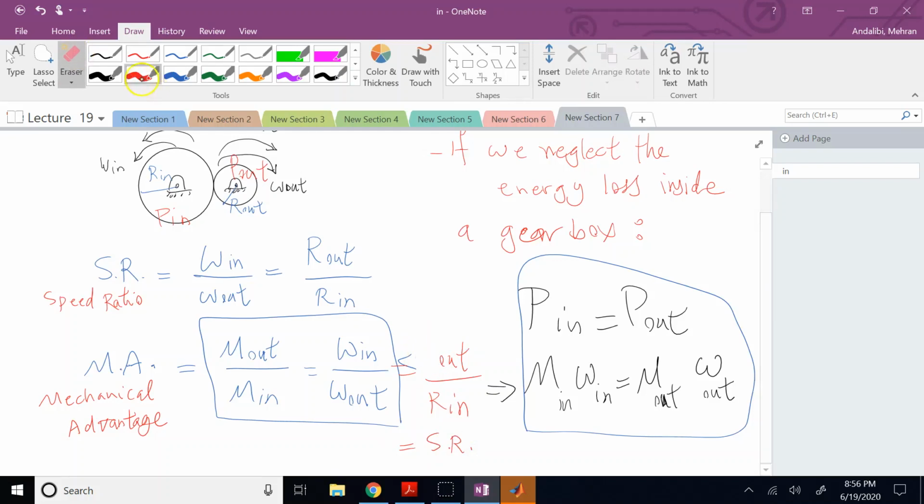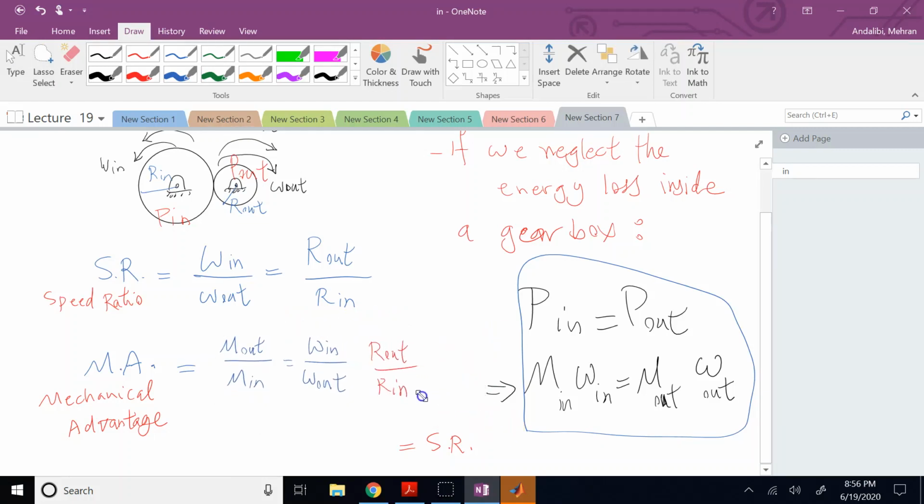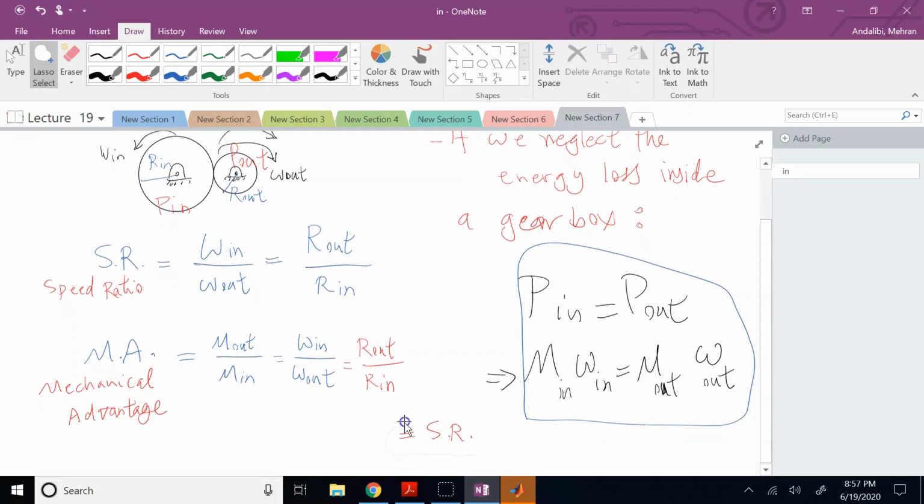So clearly you see that when back there I wrote for you that the speed ratio and the mechanical advantage are the same thing, there is a proof behind it.